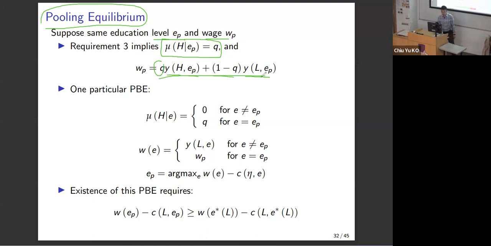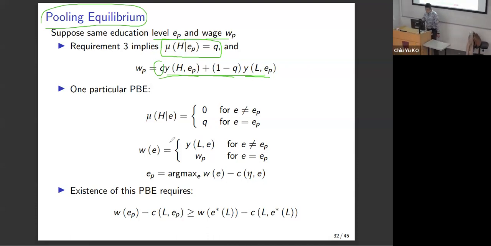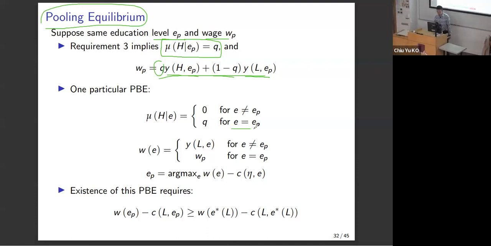And there are many possible outcomes. We focus on this particular one, which says if I see the pooling, everyone got what they want, you believe you are, Q of the time, a good type. But if you are not, we make the assumption that you're always low type.